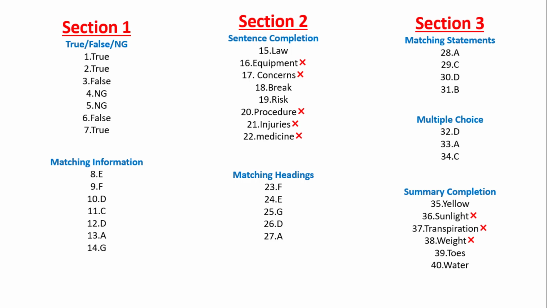They got the correct answer for all of these. They have no problem therefore with sentence completion or summary completion because they actually found the correct answer. However, this student spelt equipment wrong, concerns wrong. They had a problem with the spelling of procedure, injuries, sunlight, transpiration, and weight.